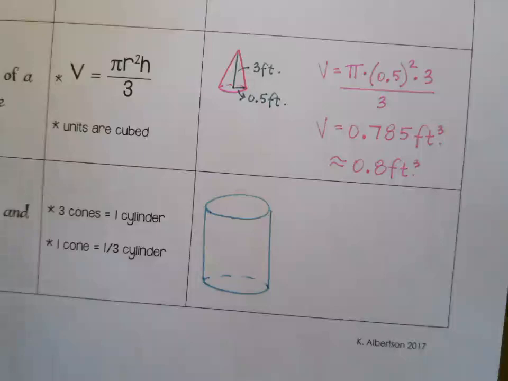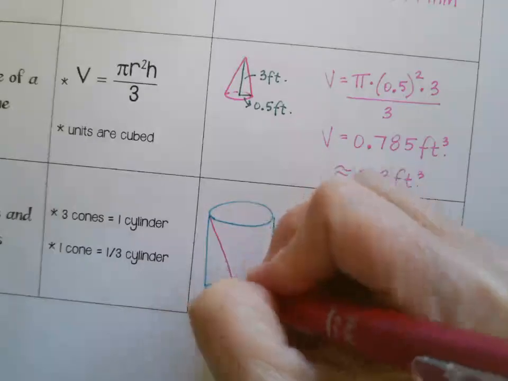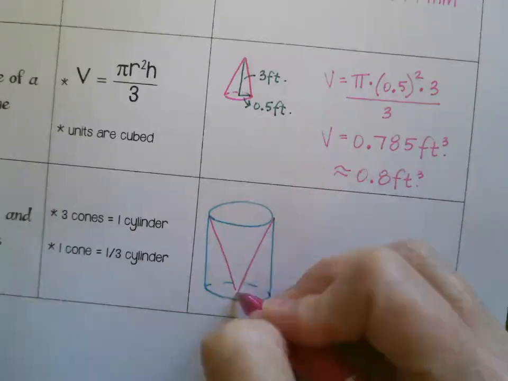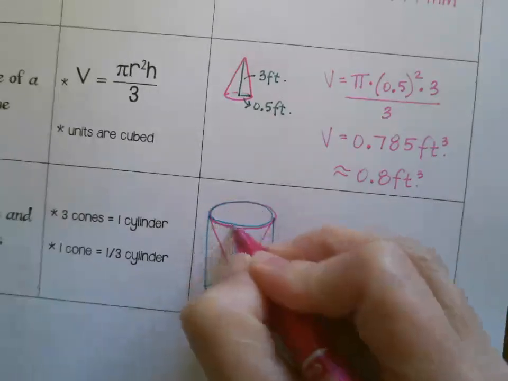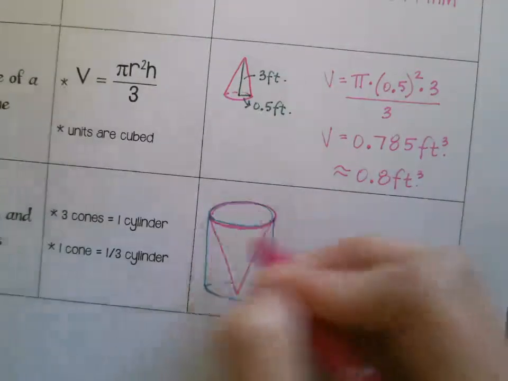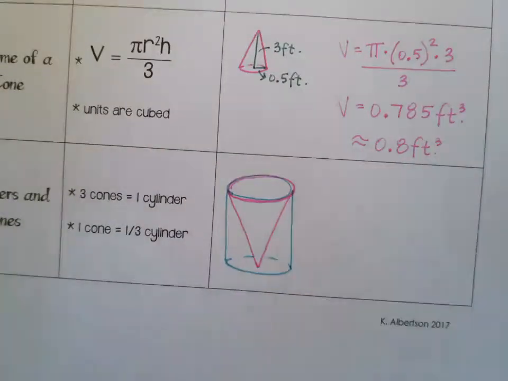So the question is, how many cones, so let's say we dropped a cone in here, how many cones that have the same height and the same size opening, would fit inside of a cylinder?